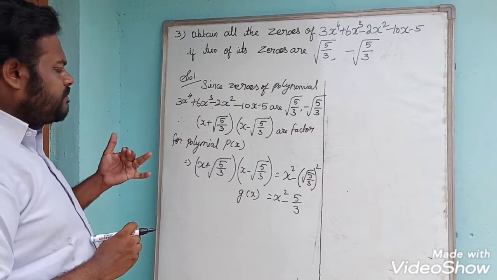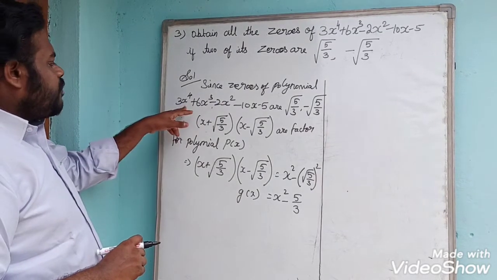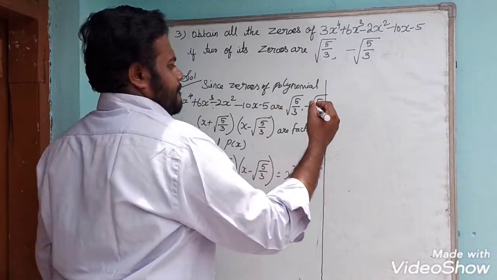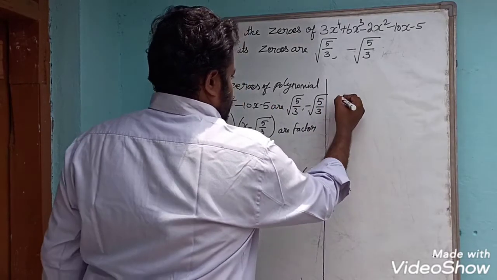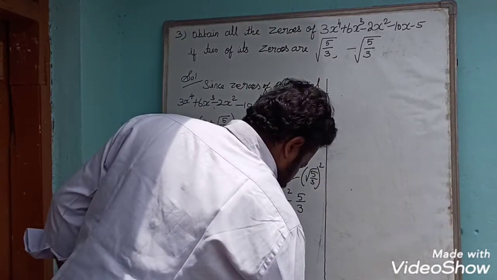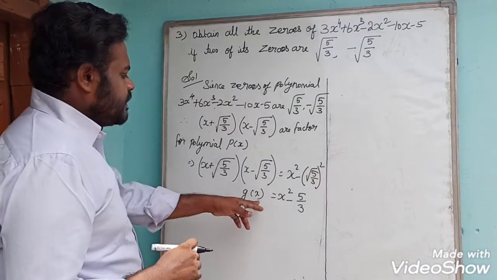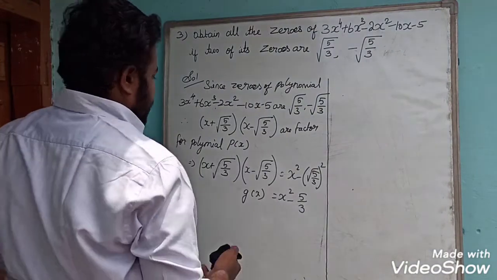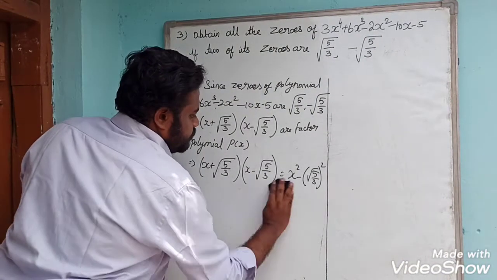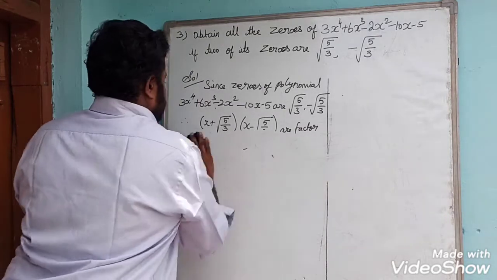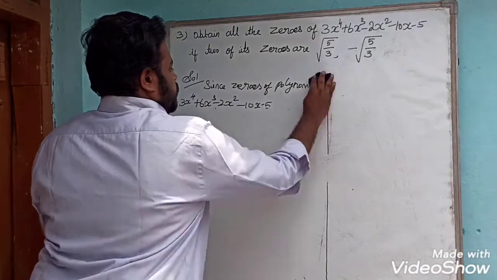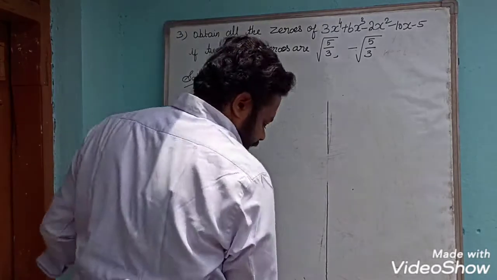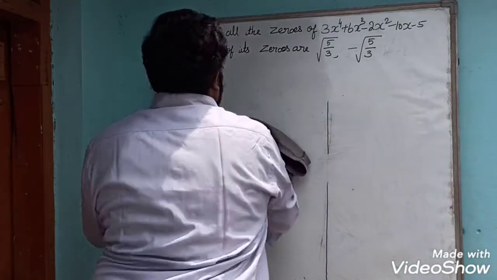Now by the normal division method, we have to divide p of x by g of x. So g of x equal to x square minus 5 by 3. As usual method, we have to divide it to find the remaining zeros of the polynomial.